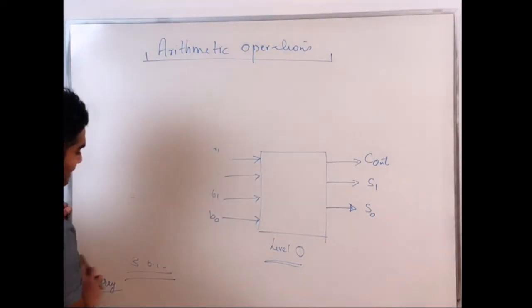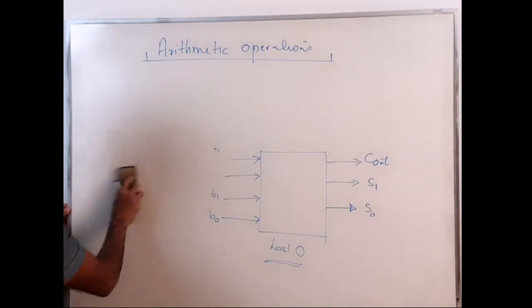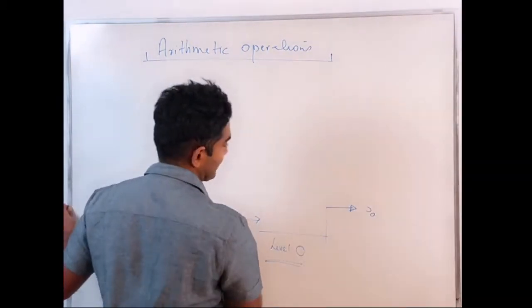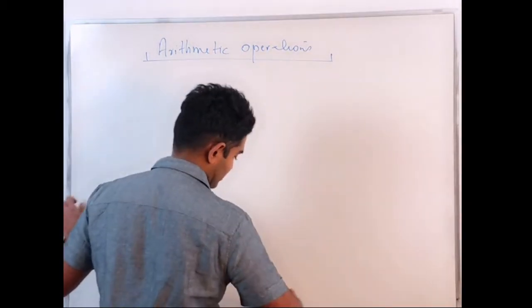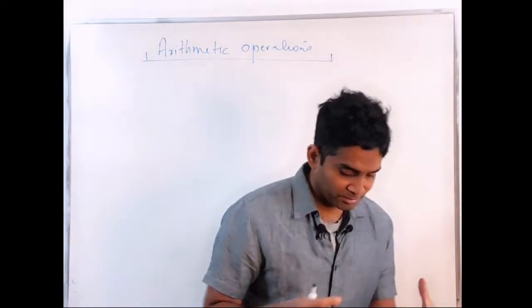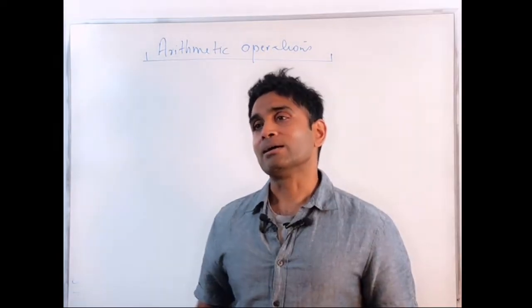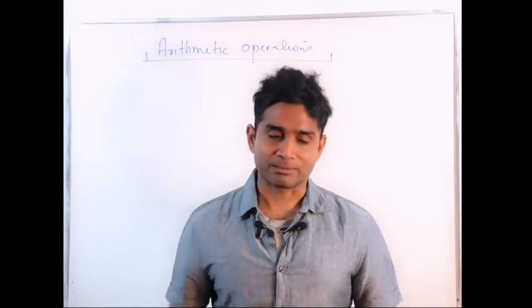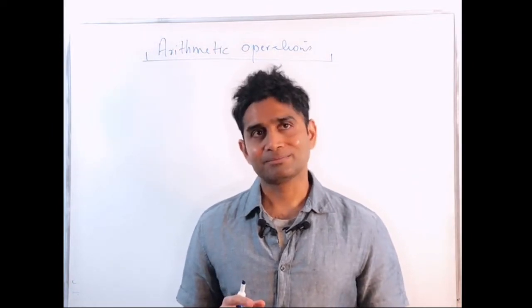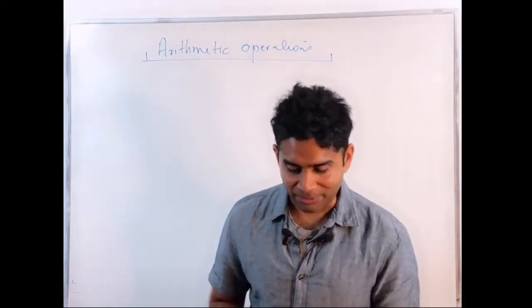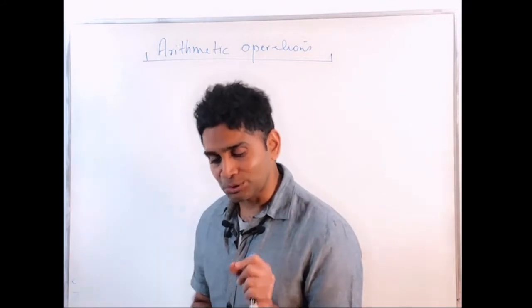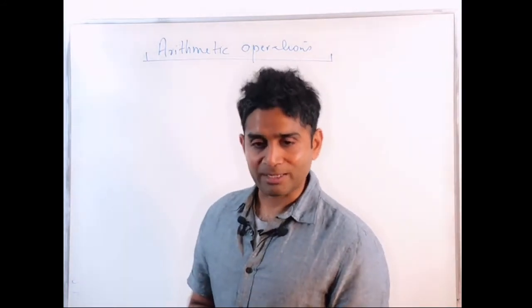Now, if I want to get a little bit more complicated, if I want to design a circuit that can add 3 binary bits together. Let me put it the right way. I want to design a circuit that can add 2 binary numbers that are 3 bits long.